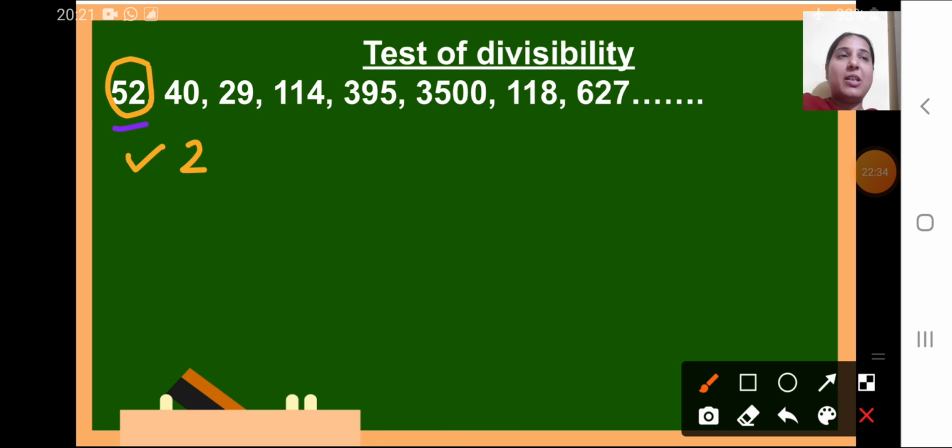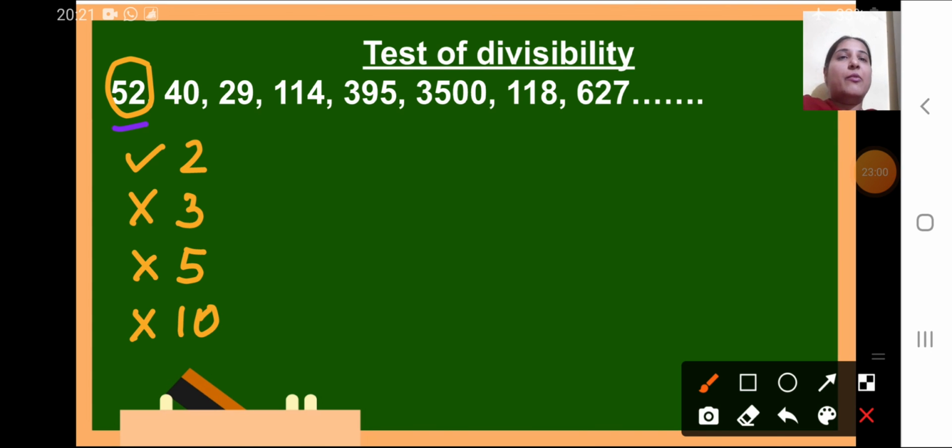So will it be divisible by 3? No, it will not be divisible by 3. Then will it be divisible by 5? No, it will not be divisible by 5, because for divisibility by 5, there should be 0 or 5 at the ones place. Then will it be divisible by 10? No, because the digit at the ones place should be 0.